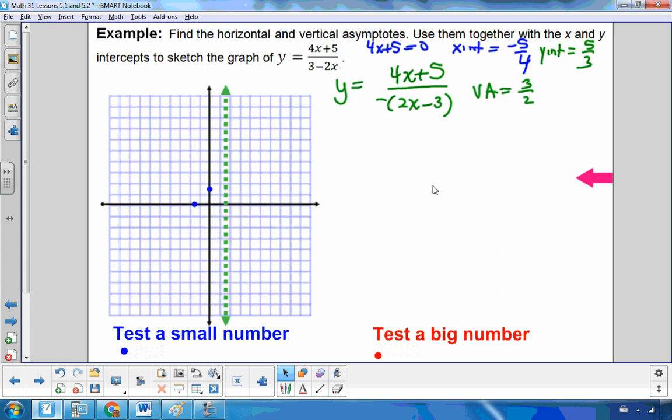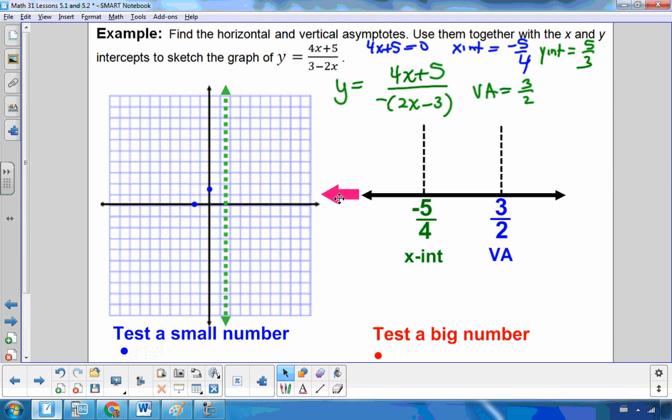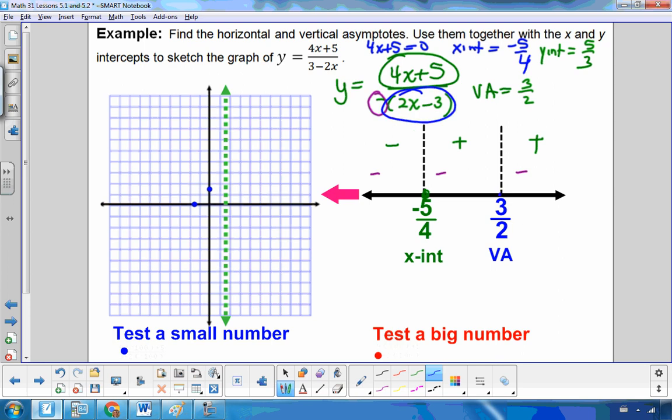I want to look at the behavior on either side of my vertical asymptote, and I'll do that using sign analysis. First, I have this negative here, so it's negative in every single spot because it's a constant. Then my numerator is 0 right here: to the left it will be negative, to the right it will be positive.